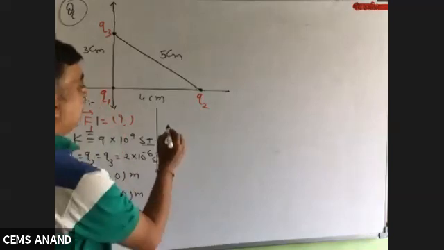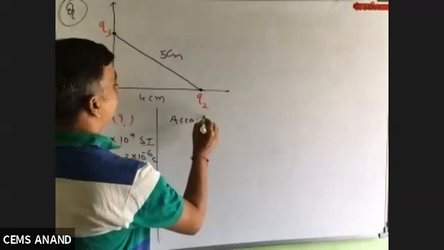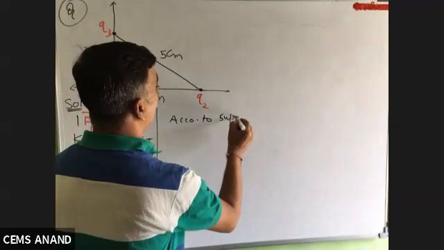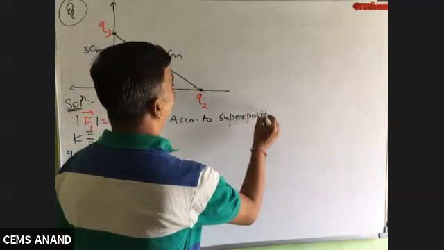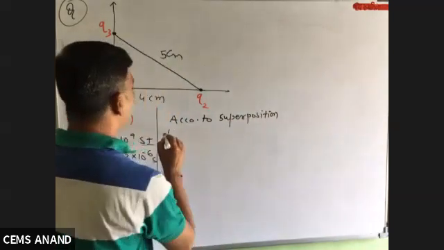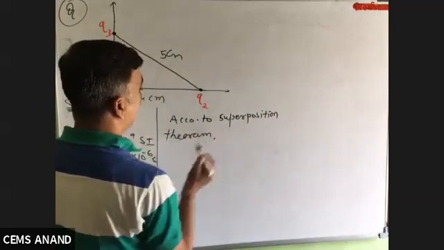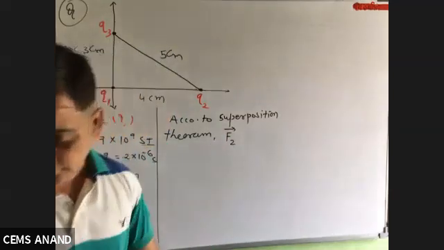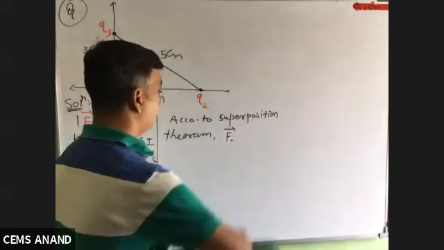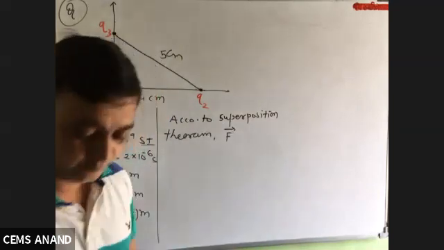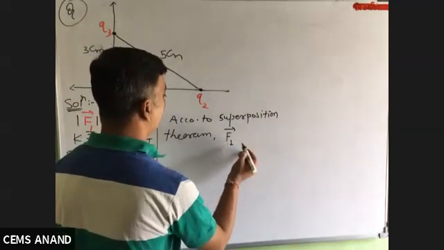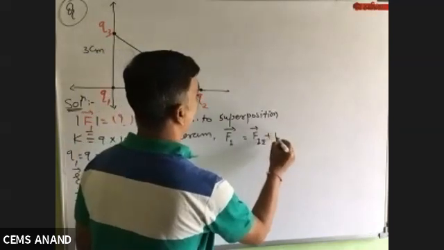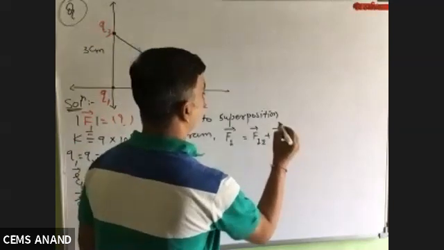So according to the superposition theorem, F1 is equal to F12 plus F13.